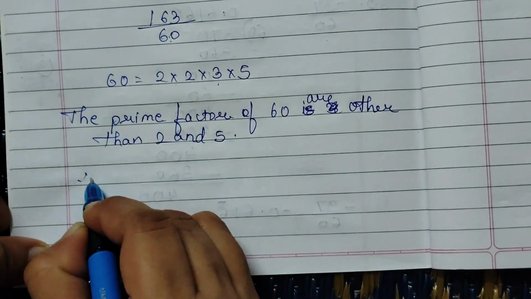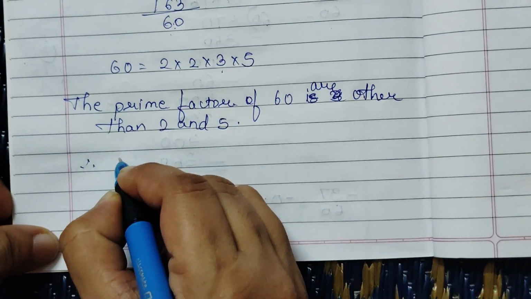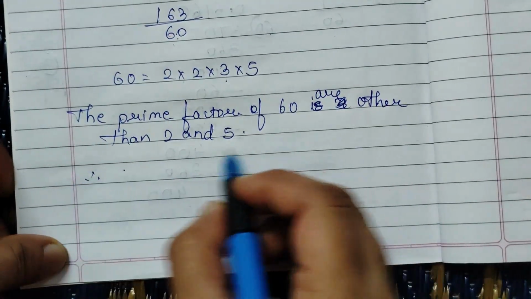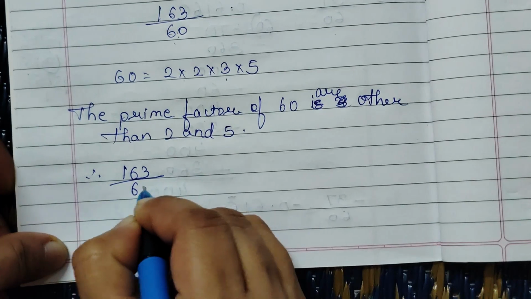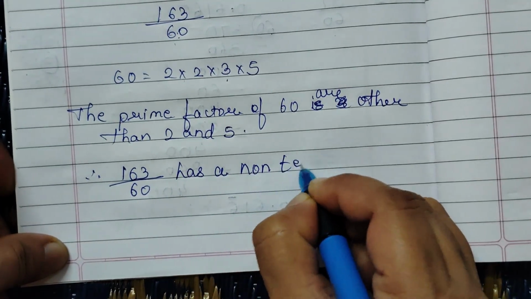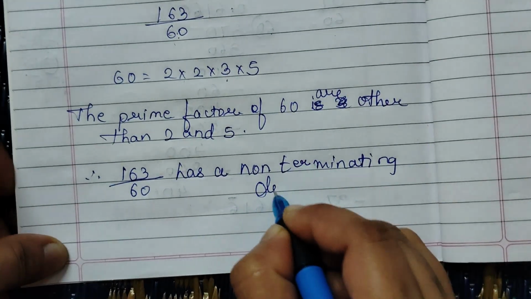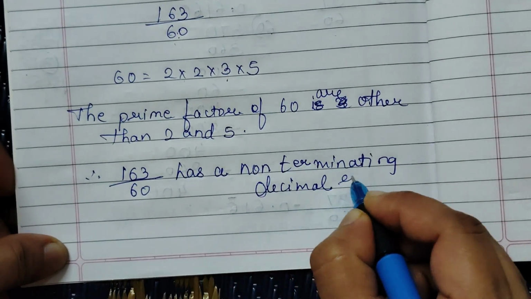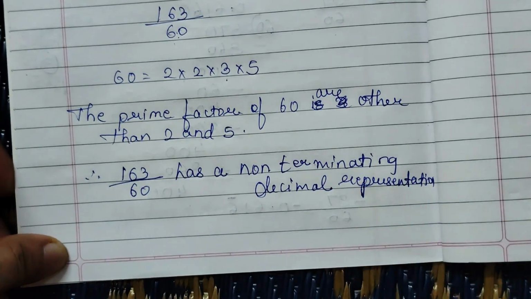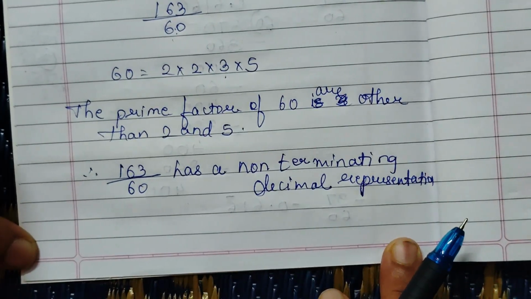Therefore, 163 upon 60 has a non-terminating decimal representation. So we have completed question number 4.